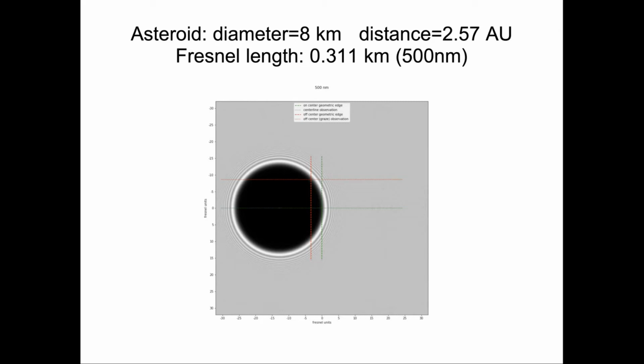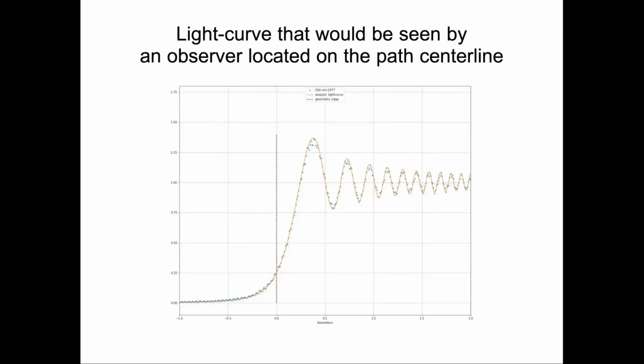Let's move on to the next graph. Here I did a line through the well, this is the light curve that would be seen by an observer who was located on the path center line of that previous slide.